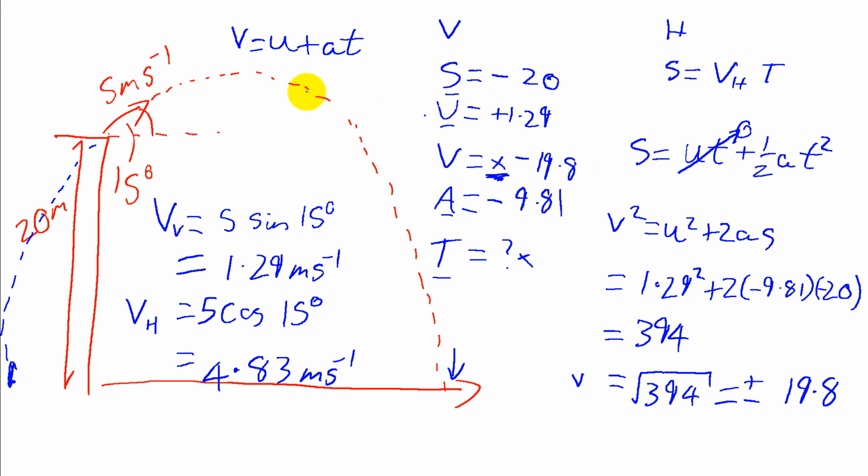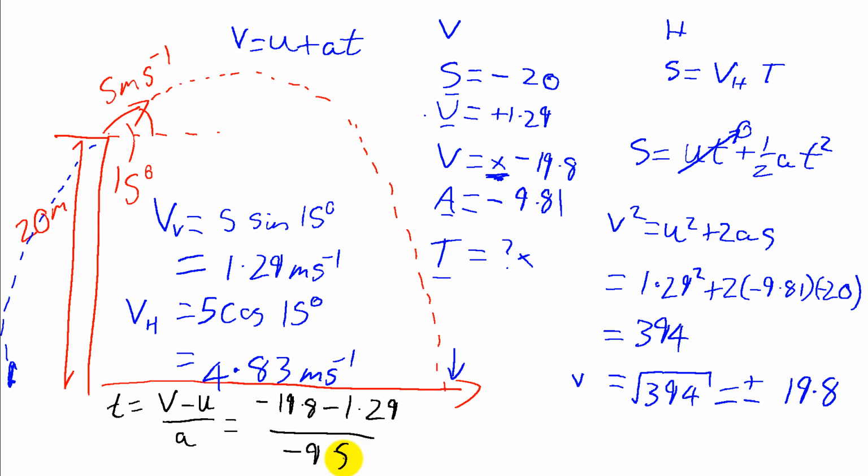We can substitute some values into here. When we rearrange this, what we're going to get is t is equal to v minus u over a, which is equal to minus 19.8 minus 1.29 over minus 9.81. And that will give us a time of 2.15 seconds.